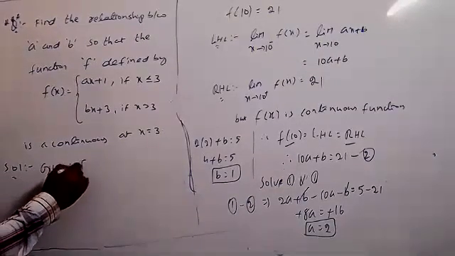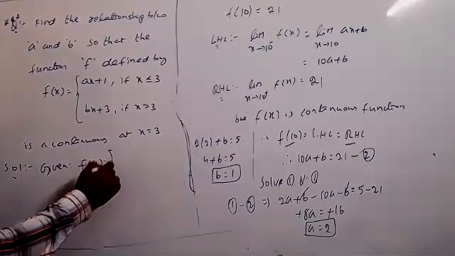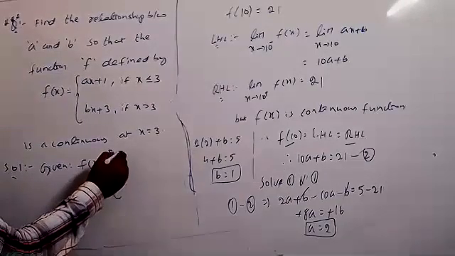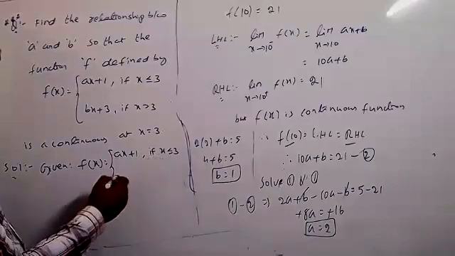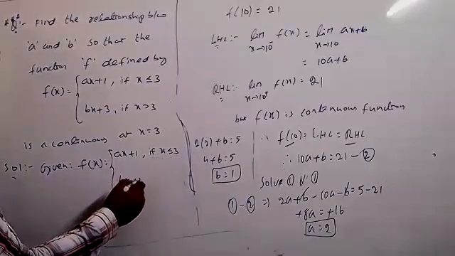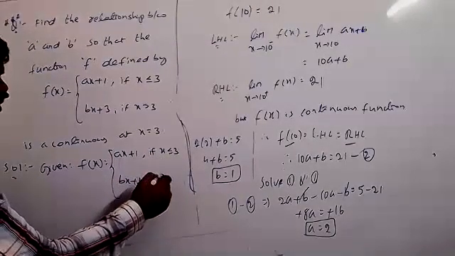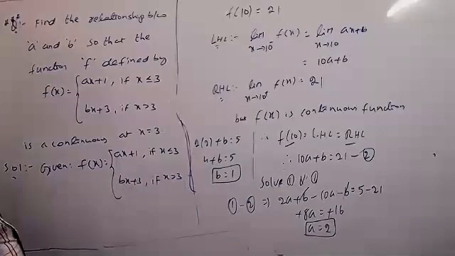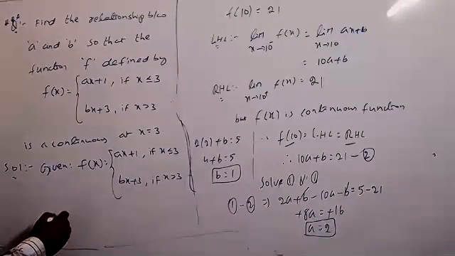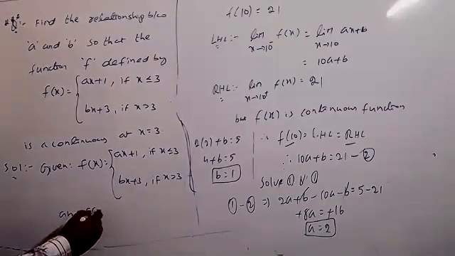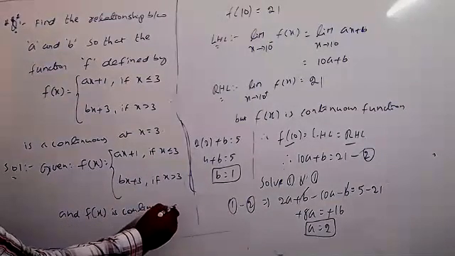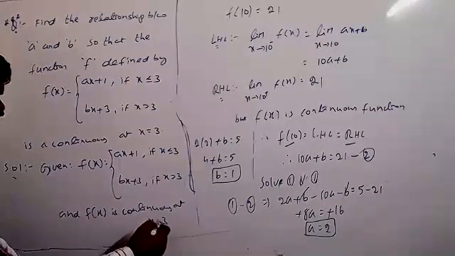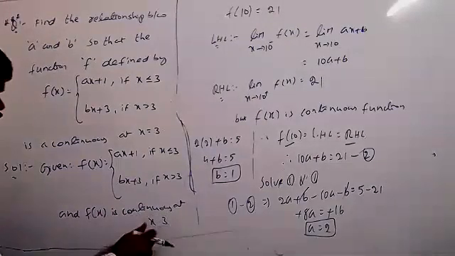Given function f of x equals ax + 1 if x is less than or equal to 3, and bx + 3 if x is greater than 3, and f of x is continuous at x equal to 3.